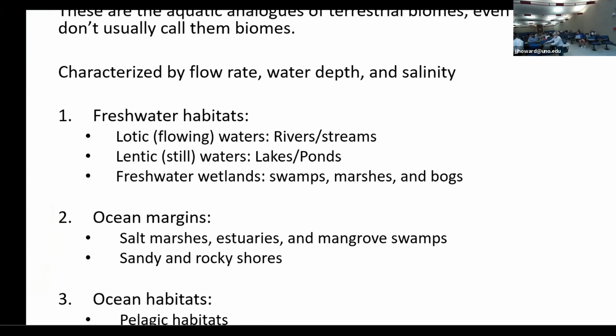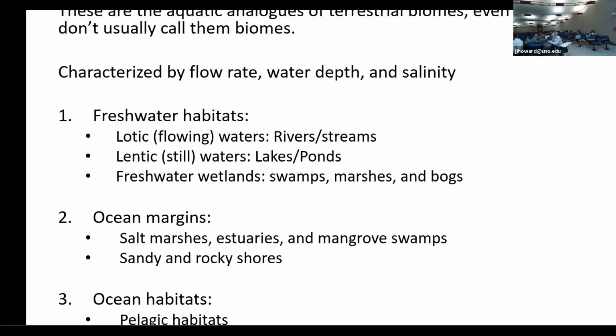But they can be flowing or still, so water movement, right? They can be saline or fresh. And they can be high oxygen, low oxygen. And these are the three main things that determine what kind of aquatic habitat we have: salinity, flow rate, oxygenation.